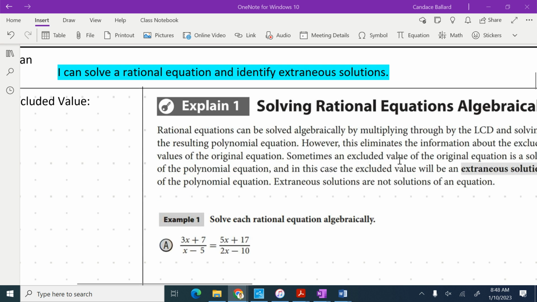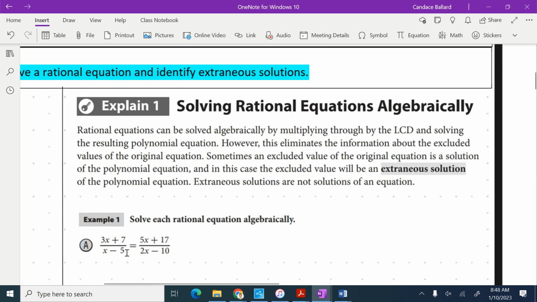I'm going to give you like 2-3 minutes. Remember, this is how Mrs. Ballard helps you do better on your assessment, right? I make you read stuff that's hard and technical. So take 2 or 3 minutes and read through that paragraph.